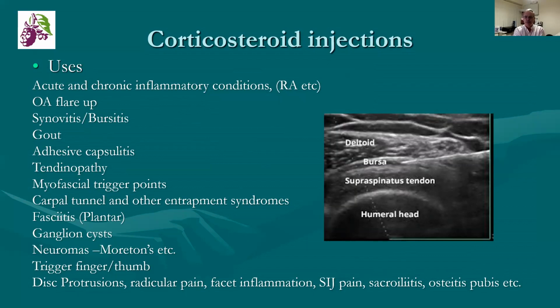Carpal tunnel syndrome, plantar fasciitis, and so on, ganglions, neuromas, trigger thumbs, and back problems. So the spine problems involve disc protrusions, radiculopathy, facet joint pain and degeneration, sacroiliitis or sacroiliac joint pain, and osteitis pubis, etc. So a lot of conditions are amenable to steroid injections.